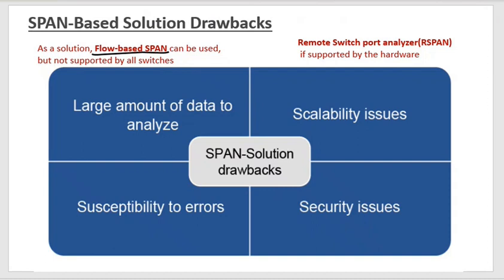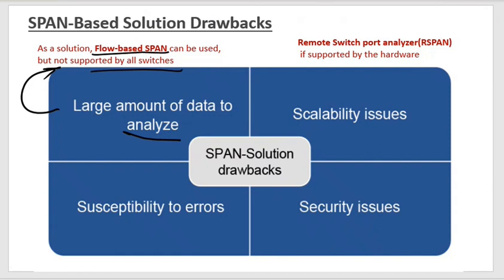And within quality of service, only the traffic that you prioritize, like voice and video, will be sent first to the monitor, but still the data will be sent. So at least the solution is because the priority traffic is coming first, so to analyze becomes easier. That is just a basic solution to it, but also flow-based SPAN is not supported on all switches. So these are some drawbacks.